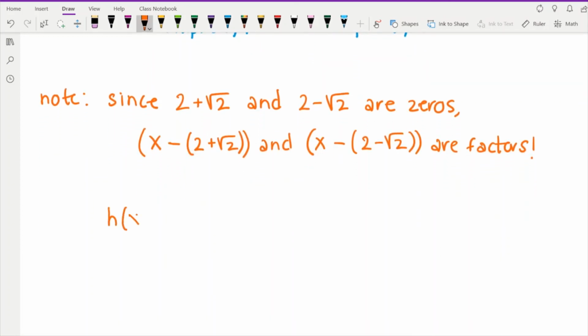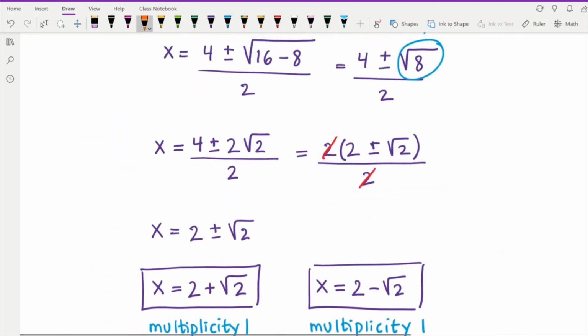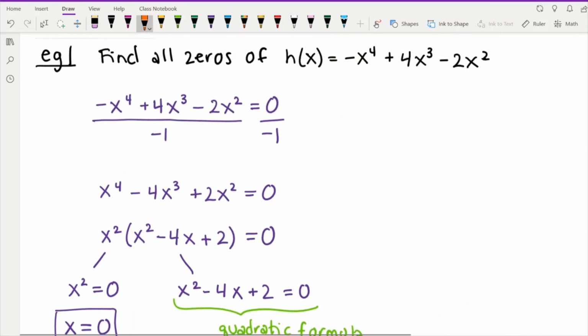So what does this tell us if we go back to how we originally started factoring the function? Well, one thing we need to remember is that we originally canceled out this -1. We divided both sides by -1. So really, if we want to write out the factorization, we should put a negative sign on it, right? We got rid of a negative sign for the sake of solving, but if we're factoring, we should have preserved that negative sign.